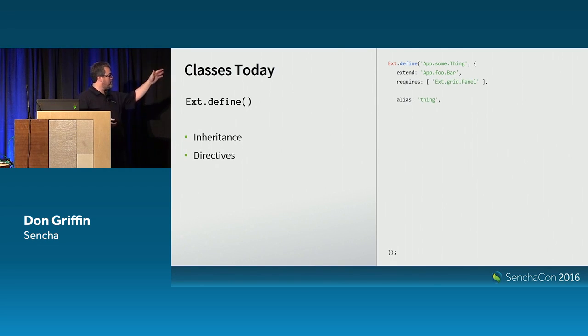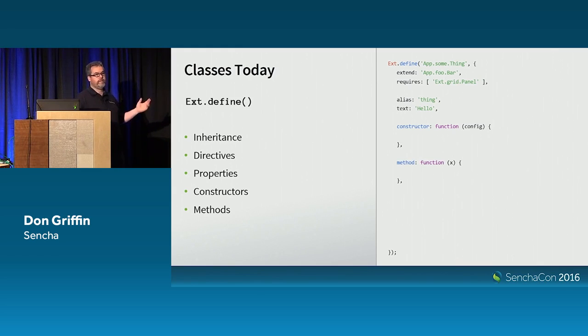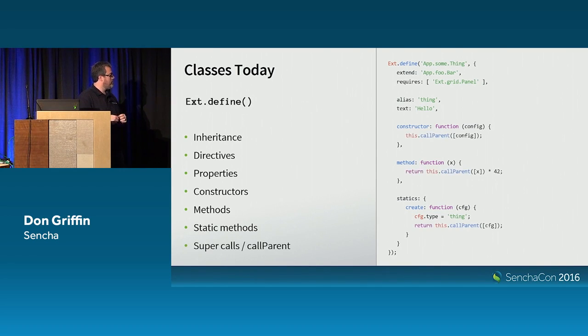Other directives, all kinds of them for loading, for defining aliases, for platform configs, a variety of other things that the class system understands. Call those directives, and then there's just instance properties. You can put those in your class definition. Constructor, special name, that'll come back in a bit. Just normal instance methods, of course, and static methods as well. They go into a statics block, and that completes the survey.